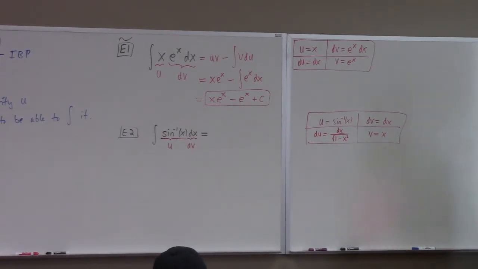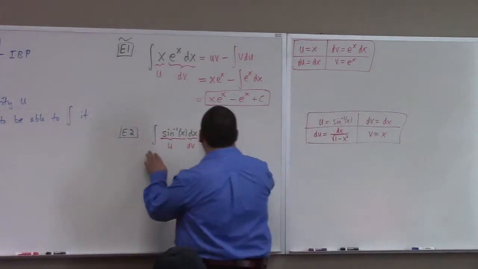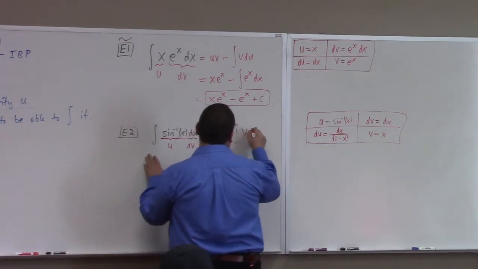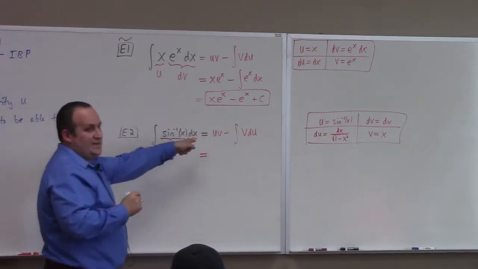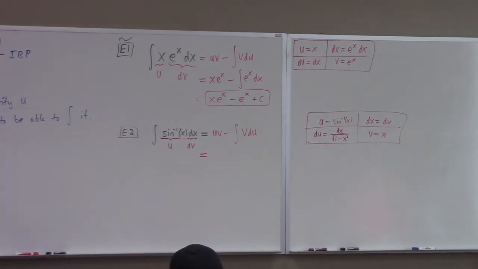Okay, so blank template: uv minus integral of v du. This step to me is kind of like training wheels. Eventually I take it off. But if I'm not careful and I'm sleepy and I take that step off, I'll do it wrong.